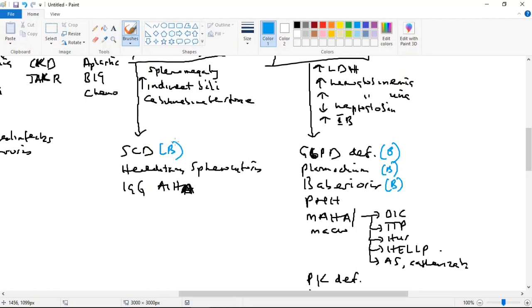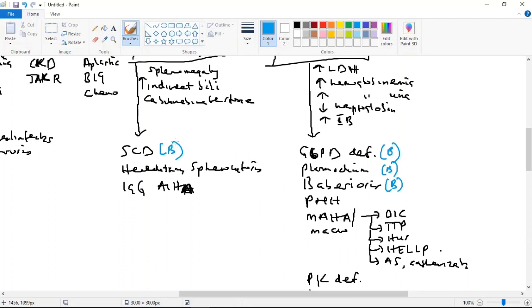Hereditary spherocytosis is due to a cytoskeleton protein mutation, right? Spectrin and ankyrin mutation, which will change the shape of red blood cells. Instead of being biconvex, they become spherical. On peripheral blood smear, you're going to see red blood cells without the central pallor.